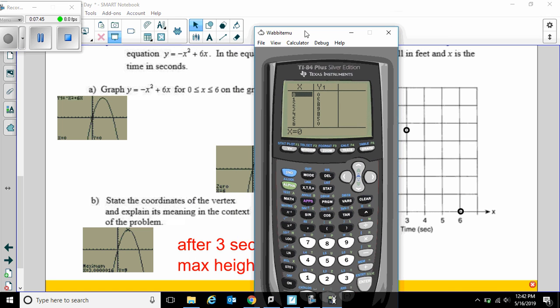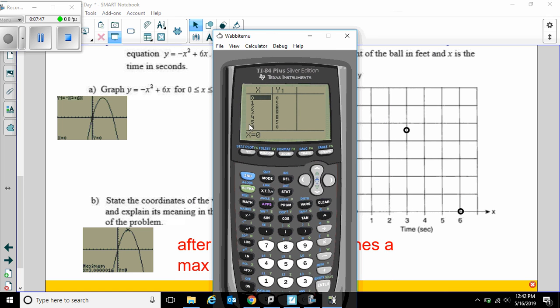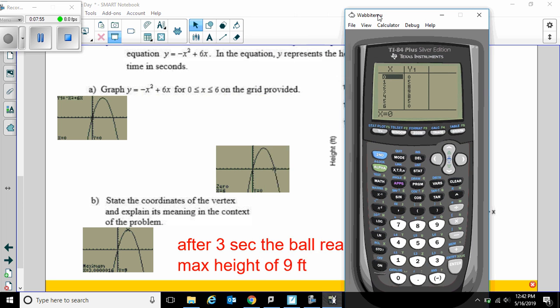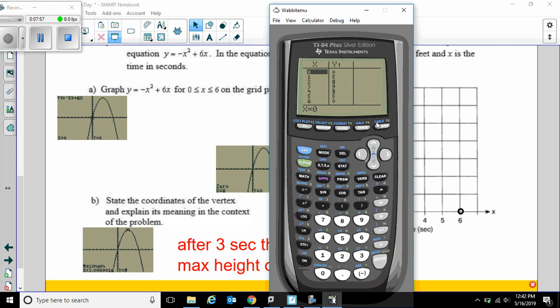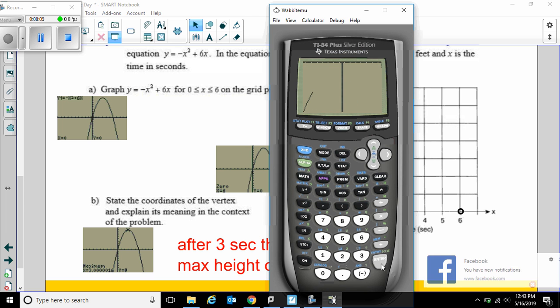Well, when are we coming back to the ground? 0, 6. Okay, that's when I'm coming back to the ground, fine. Okay, well, how do I get my vertex? Well, again, we did this once, we'll do it again. I don't like the way it looks, so here's what I'm going to do. I'm going to hit zoom, fit, enter.